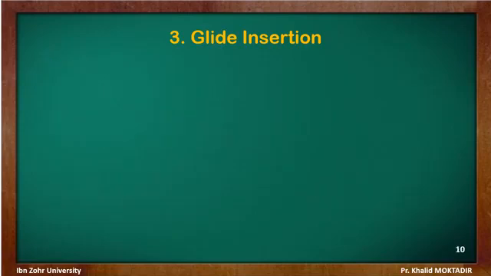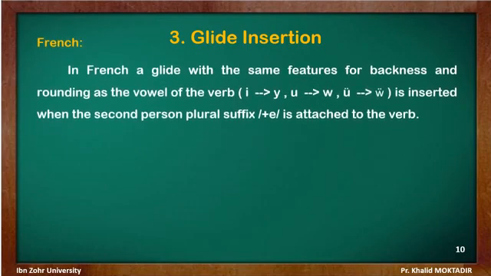A further example on this case is from French, where we have three kinds of glides which are inserted depending on the nature of the vowels that precede the glide. For example, look at French, a glide with the same features for backness and rounding as the vowel of the verb.